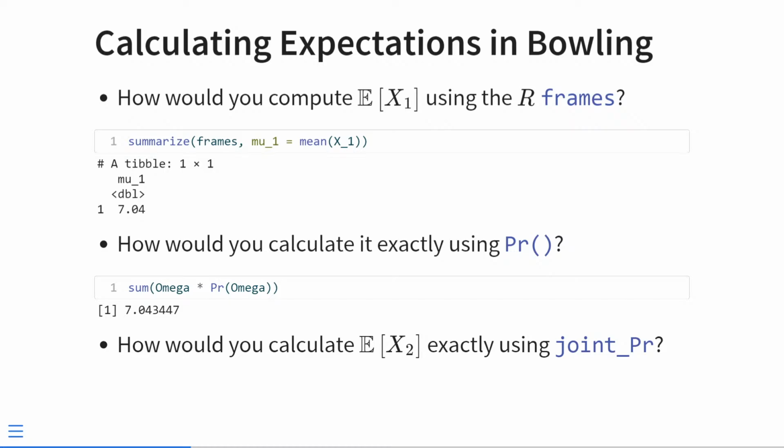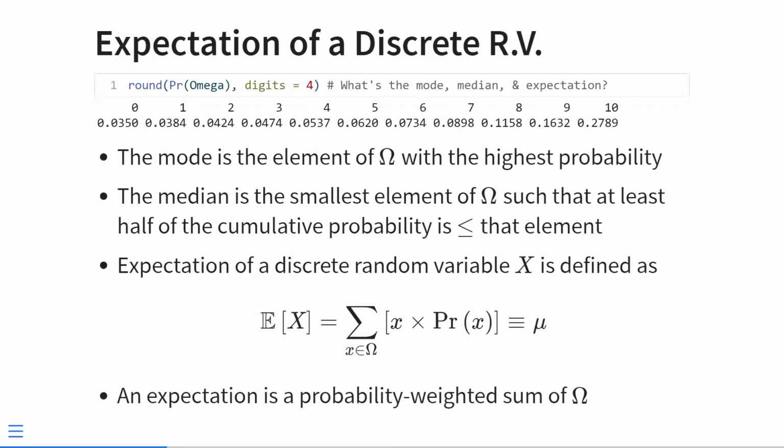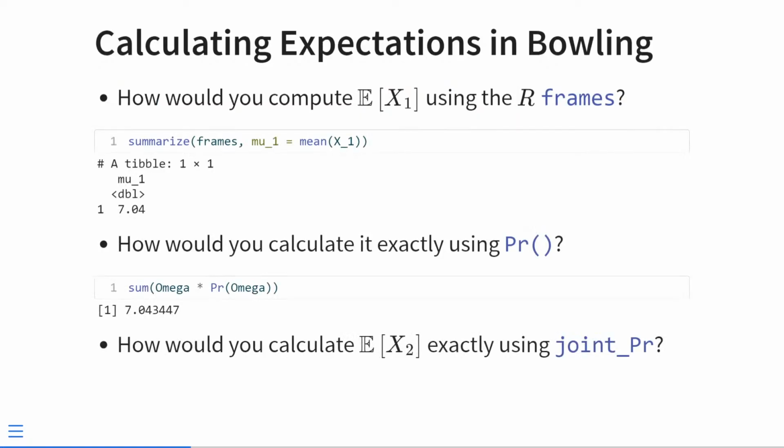And this underscores an important point about expectations, even though it should be fairly obvious from the definition. If x is a discrete random variable, integers and whatnot, well, the probability is a real number. If you take an integer and multiply it by a real number, you're going to get a real number. If you add up a bunch of real numbers, you're going to typically get a real number.